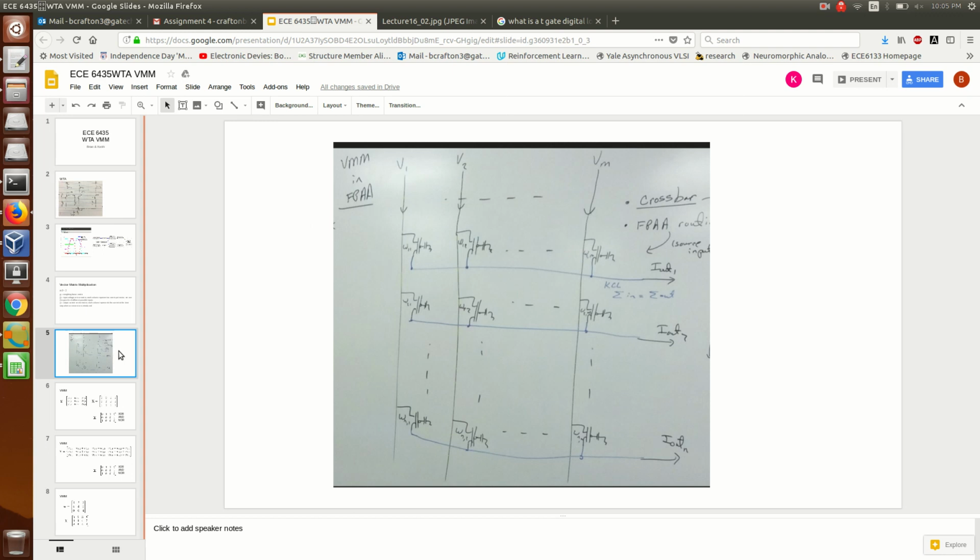The way the weighting matrix works is that each voltage component of the vector is fed into a matrix of floating gate capacitor transistors, and in order to control the weighting, the charge on the floating gate capacitor is controlled.